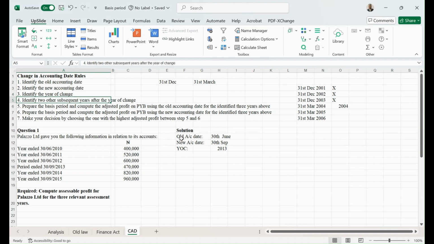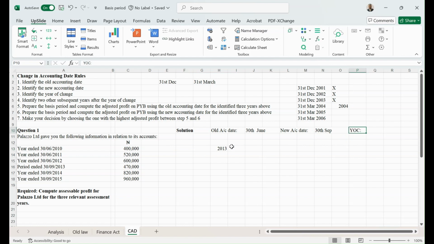Then prepare the basis period using the old accounting date and the new accounting date. So permit me to bring this up so we can have enough space. We shall be using the old and new accounting dates to determine the tax implication.